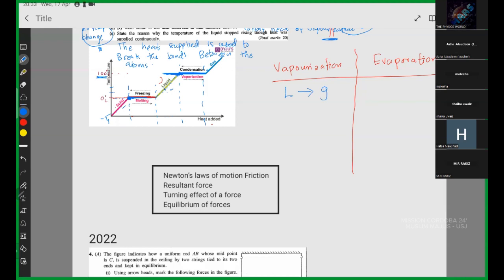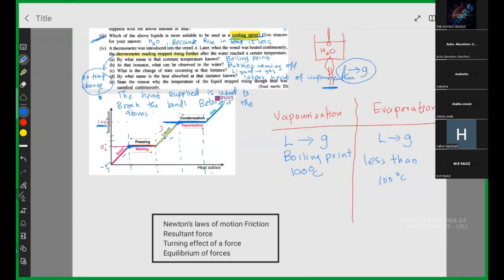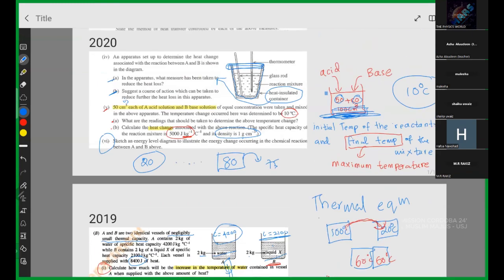Evaporation is also the same thing, but vaporization happens at the boiling point. That means for vaporization, you have to give 100 degrees Celsius. Evaporation is also the same, where you convert the liquid to gas, but it can occur at a temperature less than 100 degrees Celsius. 100 degrees Celsius is not a must for evaporation.